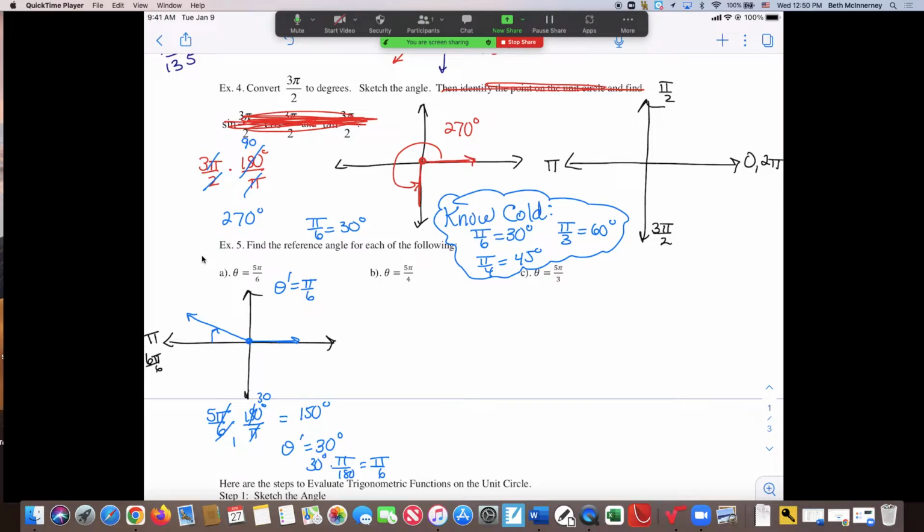You should know this cold. That means you know it without thinking much about it any longer. So pi over 6 is 30 degrees. Pi over 3 is 60 degrees. Pi over 4, 4 goes into 180 45 times, so pi over 4 is 45 degrees.